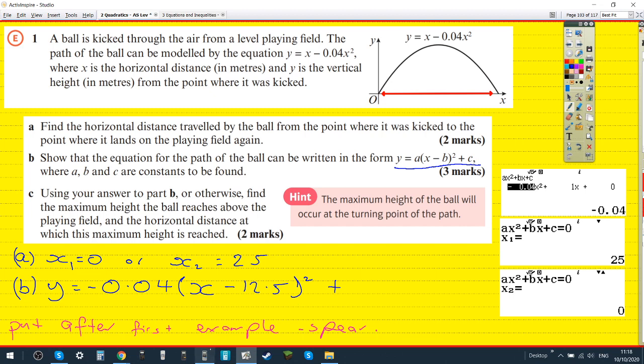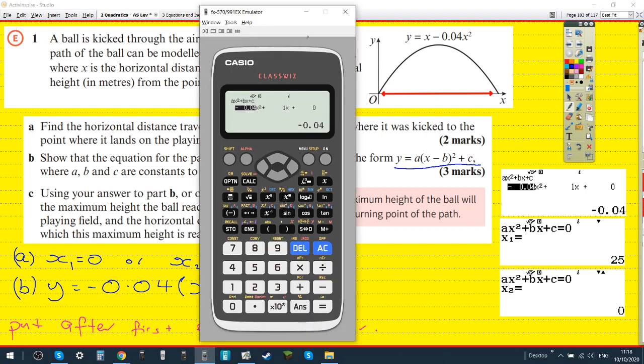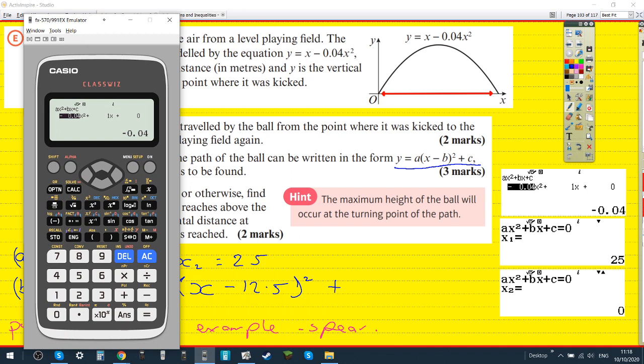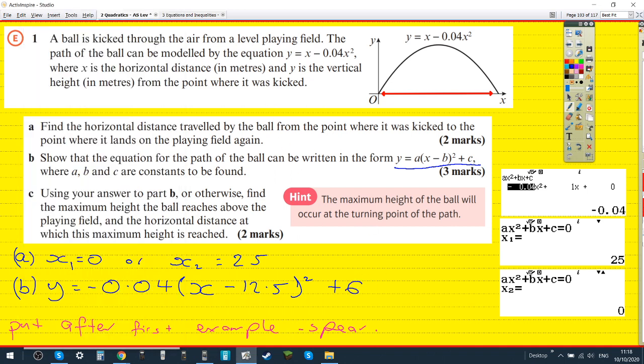Is that what the calculator says? 6.25 for y. So you could do it manually. But yeah, when x is 12.5, this first thing in the square bracket is 0, which is what you need to make. And so the y is 6.25.